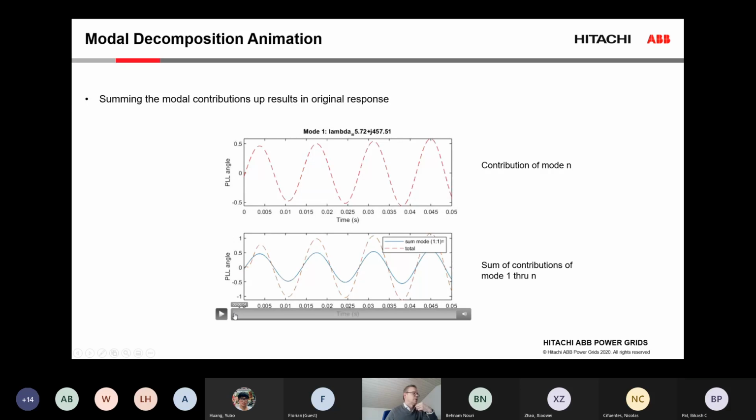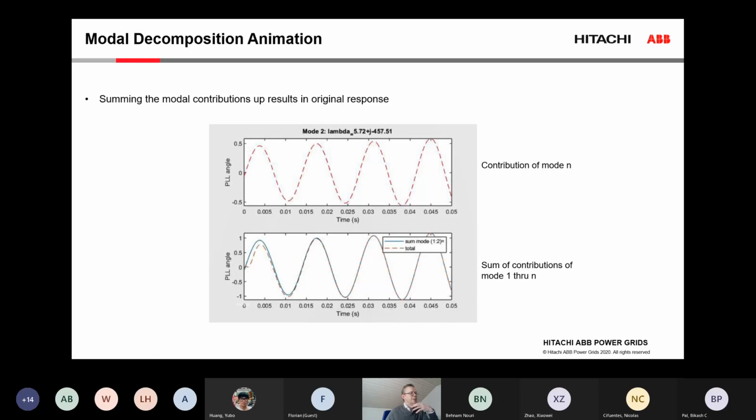So if we look here, what you get from the first mode, we get one blue sinusoidal that you can see here. And we go to the second mode. Here we have now added the second mode. We are almost now at the final response, at least after a few seconds. And we can continue and add more and more modes. And in the end, we have very fast modes left.